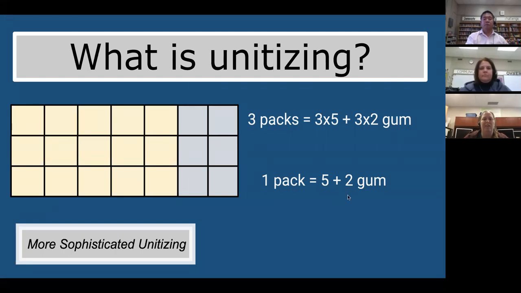They could decompose the 7 into 5 and 2, and then use that over the course of the whole 3 packs. So 3 packs would be 3 times 5, and then they'd add 3 times 2, and that would give them the total amount of gum, which is 21.